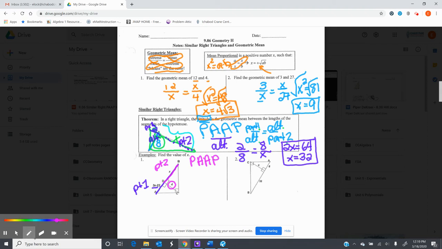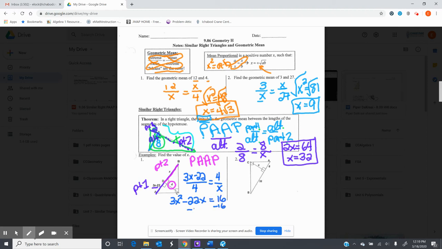So substituting into the proportion, we would have 3x minus 22 is to 4, as 4 is to the other part, x. Cross product gives you 3x squared minus 22x equals 16.